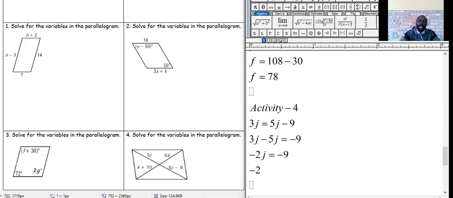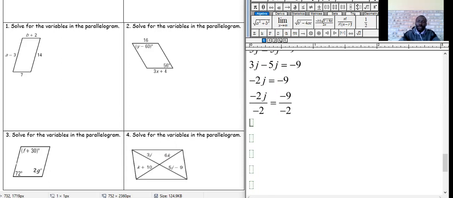Minus 2j will now be divided by minus 2, and on the right-hand side, we have minus 9, which we also have to divide by minus 2. So this way, we can find the value of j as 9 over 2 or 4.5.